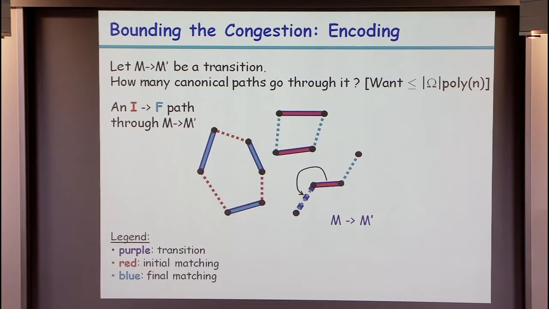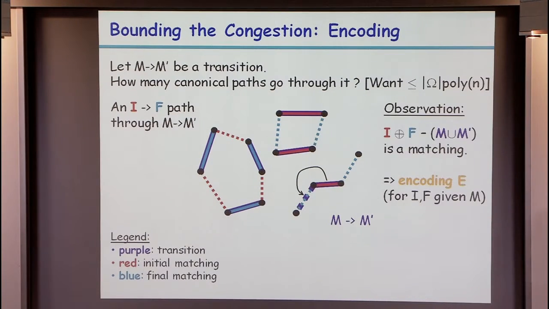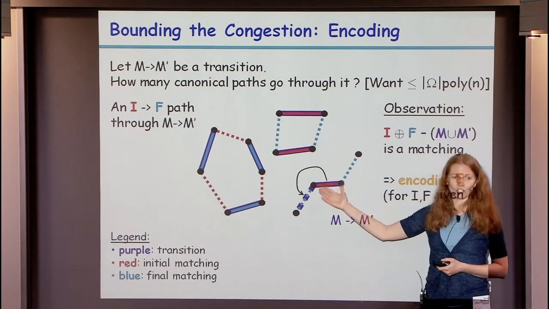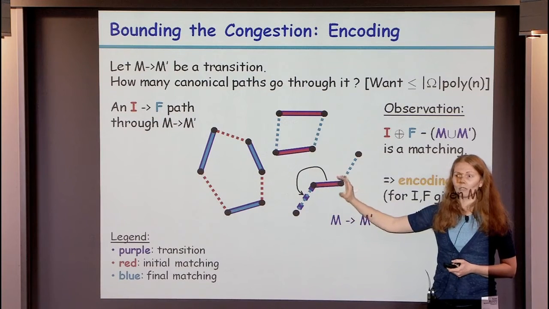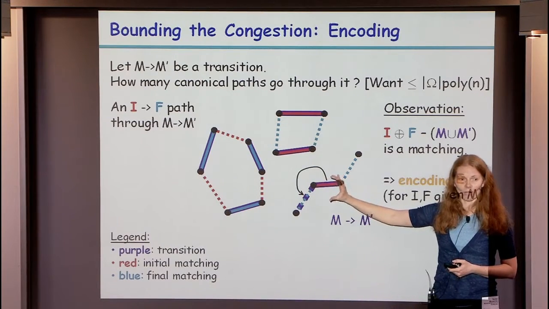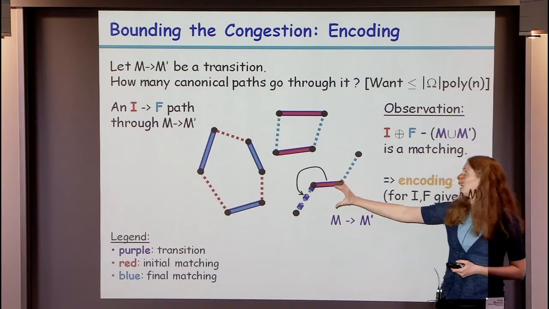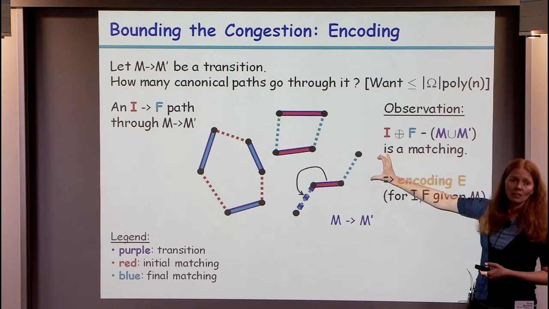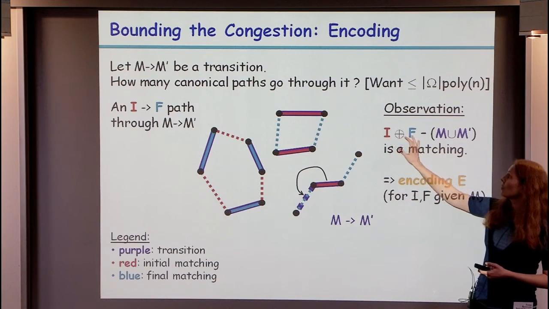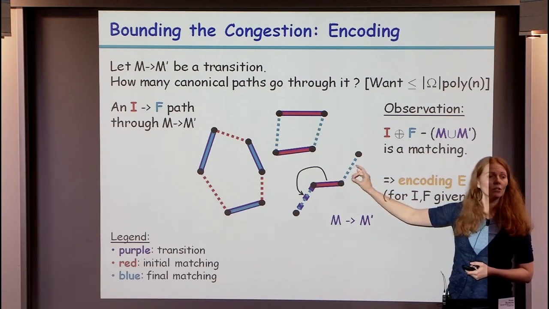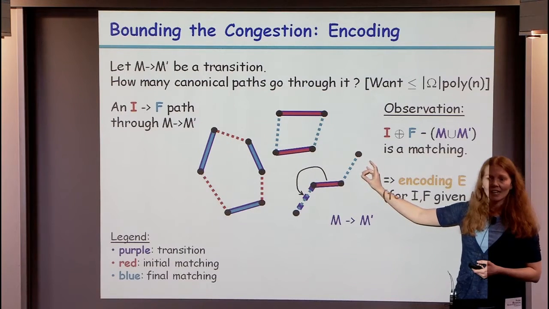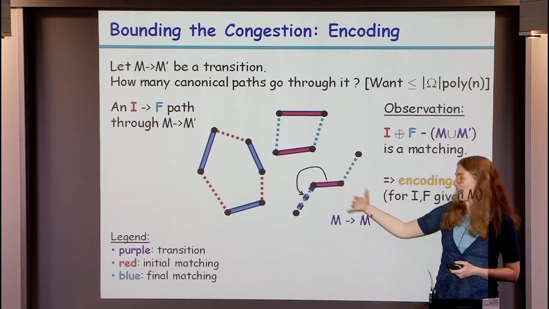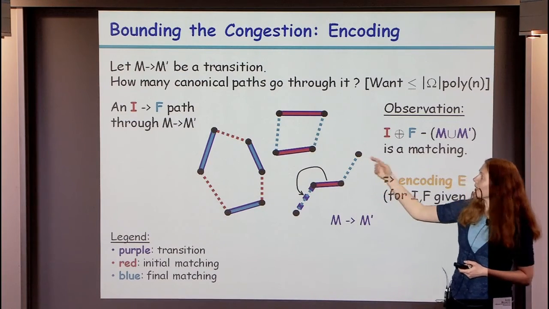So now, let's look at the complement of the transition with respect to the original and the final matching, okay? In other words, in my case, I don't really have any common edges. I'm just looking at the union of I and F, the union of red and blue, and I take out the edges of the transition, and what am I left with?